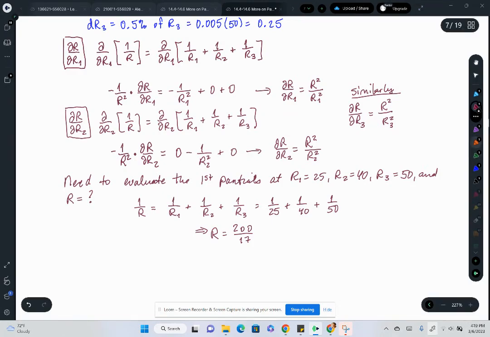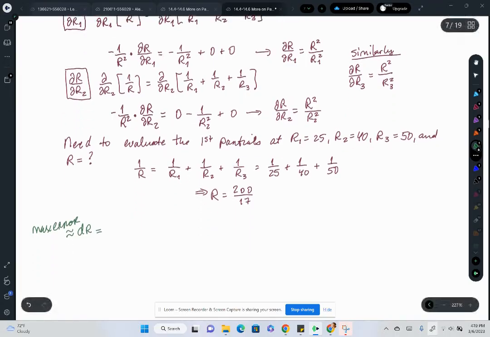We can calculate dR. dR, so this is our max error, is approximately dR, which is equal to del R1, right? We need that. Maybe we should write this out first.